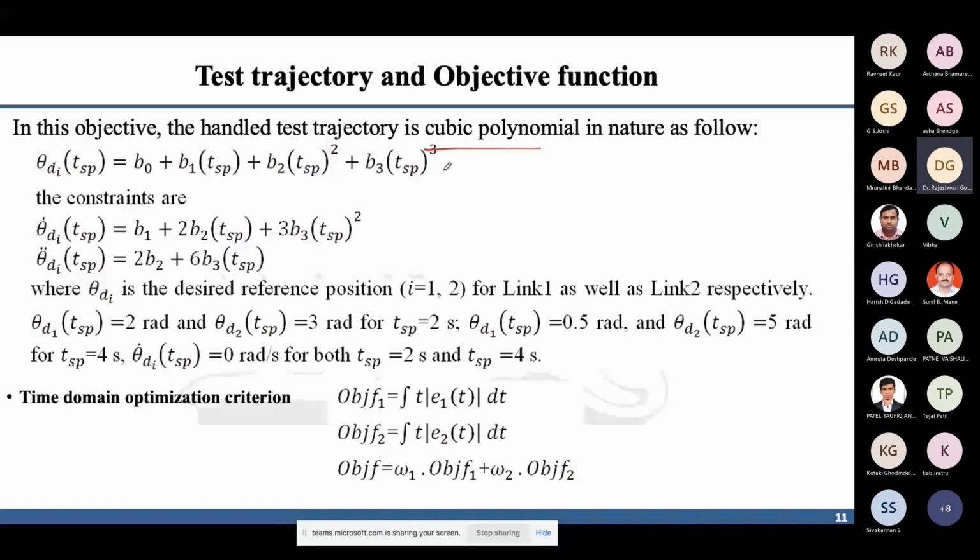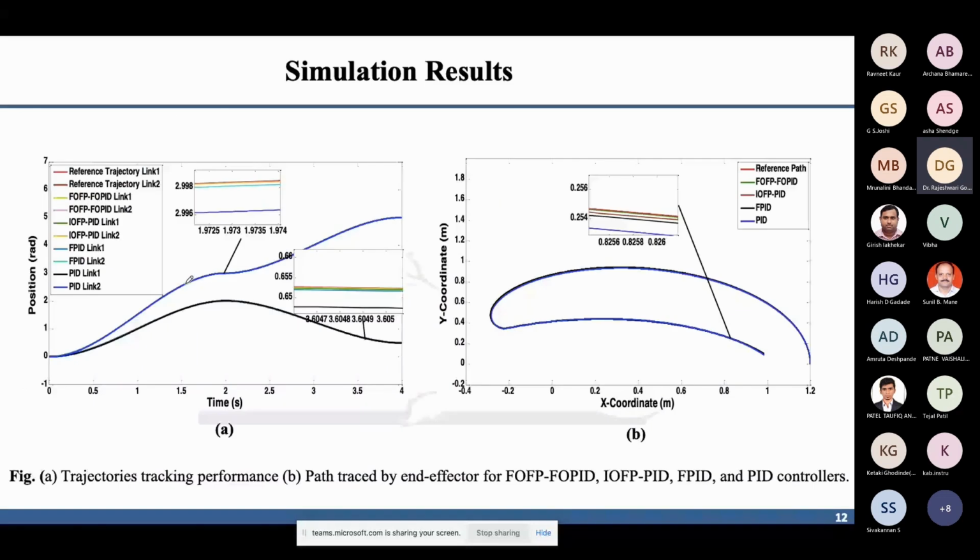As per the design, because we have two links, we require two different trajectories. This is the first trajectory and this is the second trajectory.